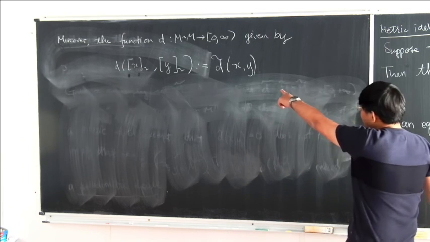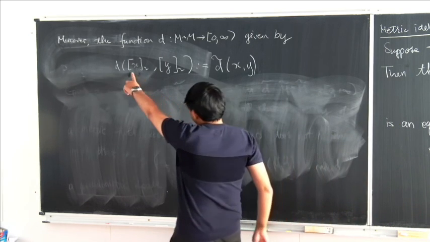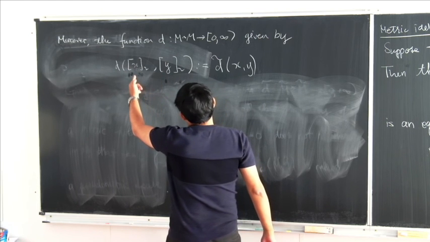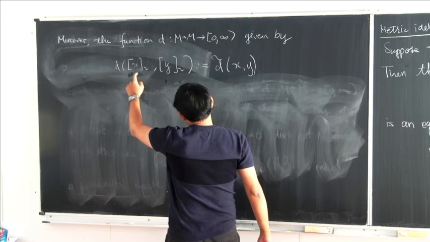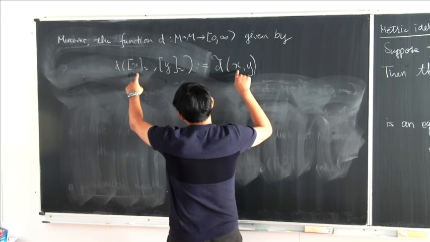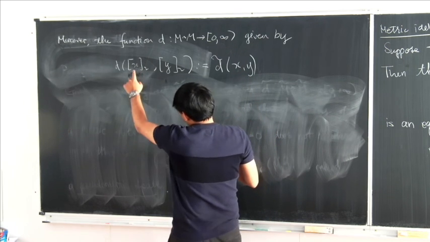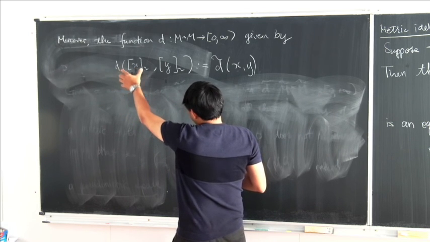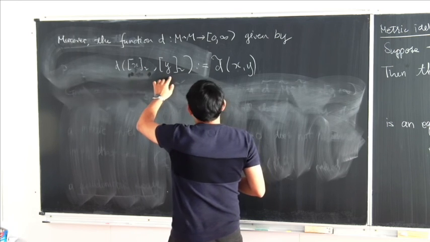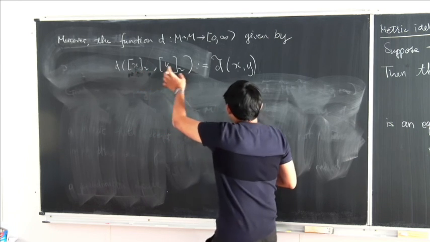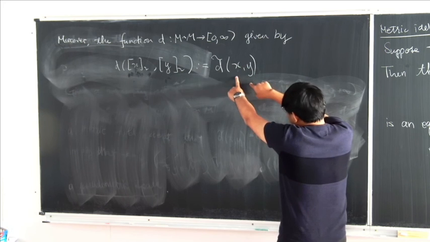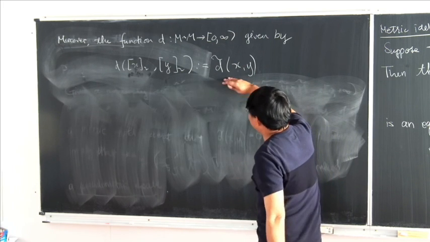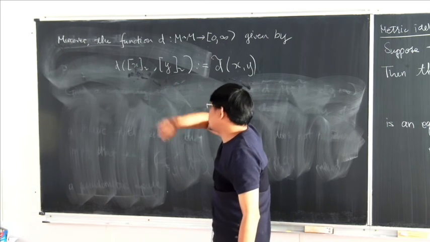This is well defined. This is actually a set, but if you take any elements from this set and plug them in, for example x itself has to be contained in this equivalence class, as well as y. So you can take x and y and put them in d tilde. And this is the value for the distance between two equivalence classes.